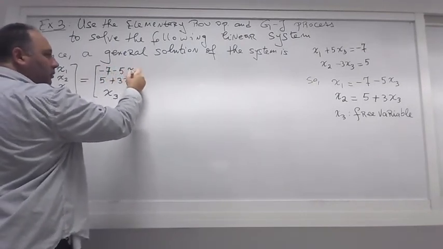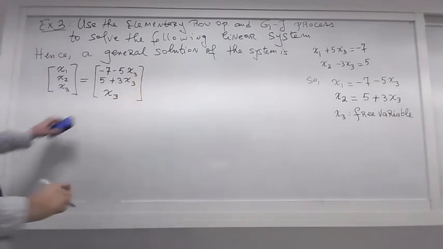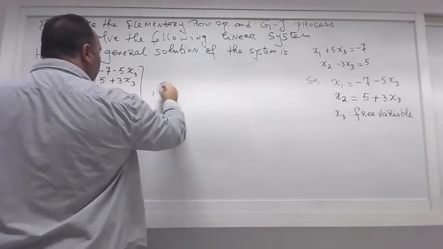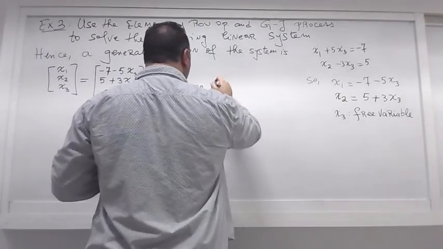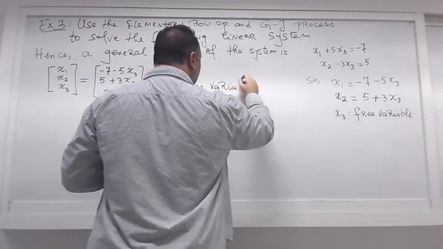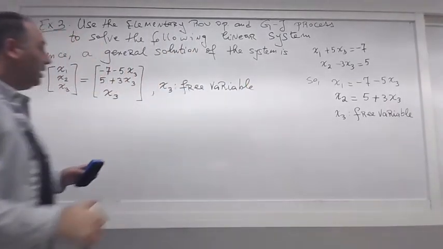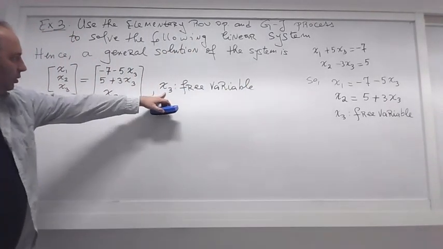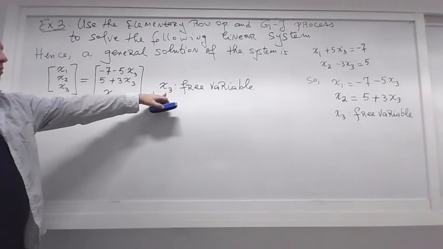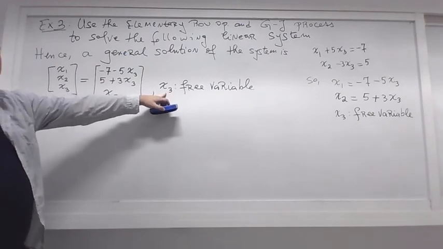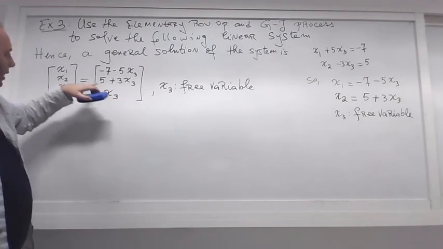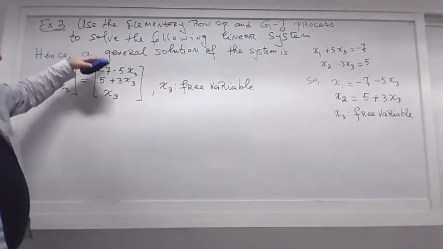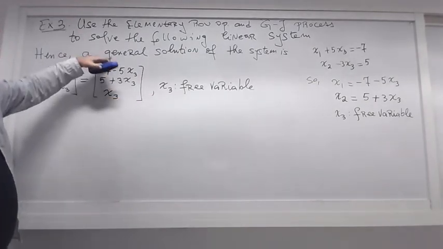What can we do? Okay, and we write x3 free variable. It will be important later on. Gorgeous. Because this guy is free variable, it can take any real value. There are infinitely many of those, infinitely many. So for each choice of x3, well, I'll have different numbers in the vector.